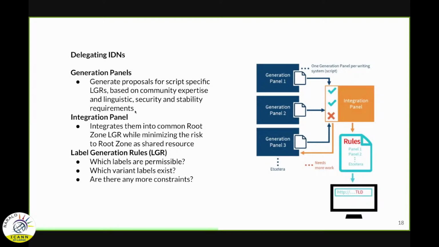Now, we must note that we are not using all the features of a language as presented by the Unicode code points for that language. We are using a very small, limited subset of those code points. A code point is a single character encoded in Unicode. So generation panels look at language-specific issues, and the integration panel tries to integrate all of them. And label generation rules decide what is permissible, what variants exist, etc.